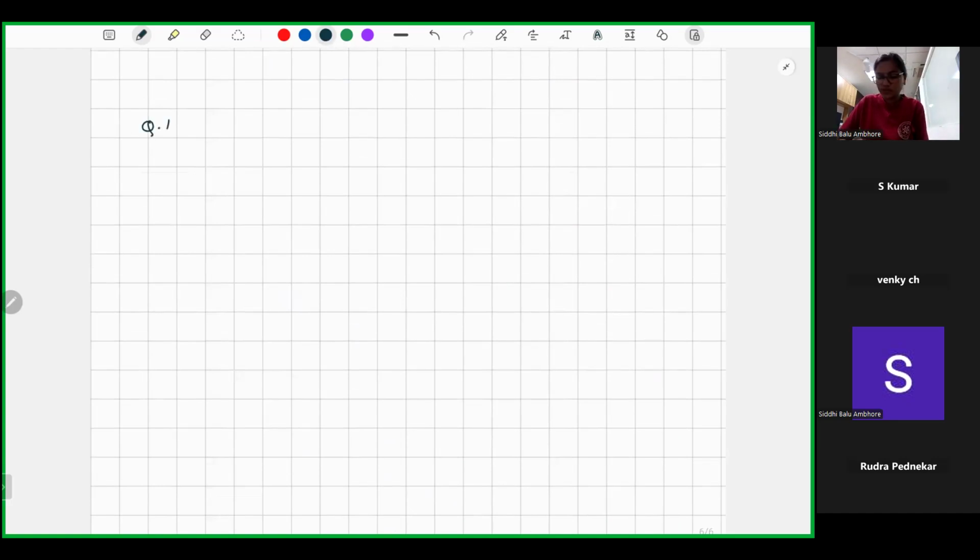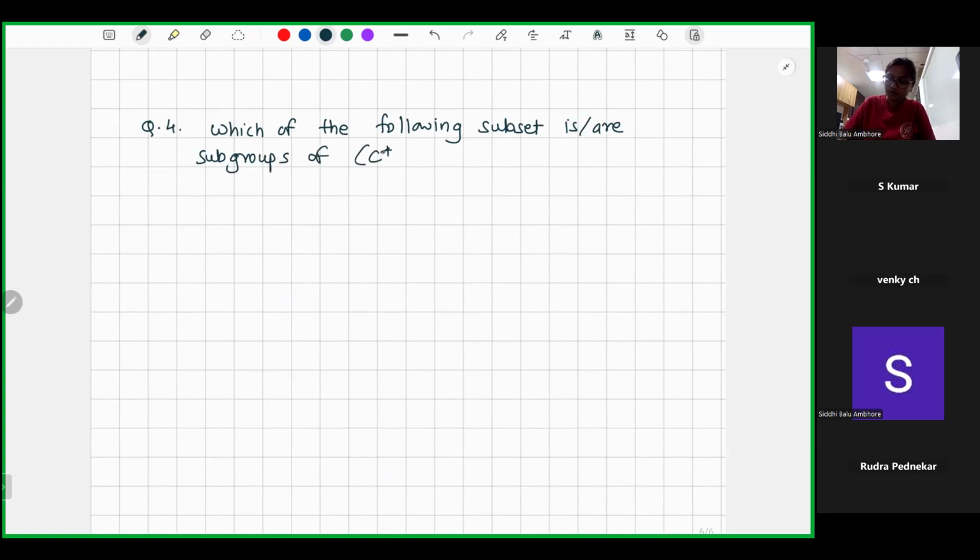So this is question 4, which of the following subsets are subgroups of C star under multiplication.